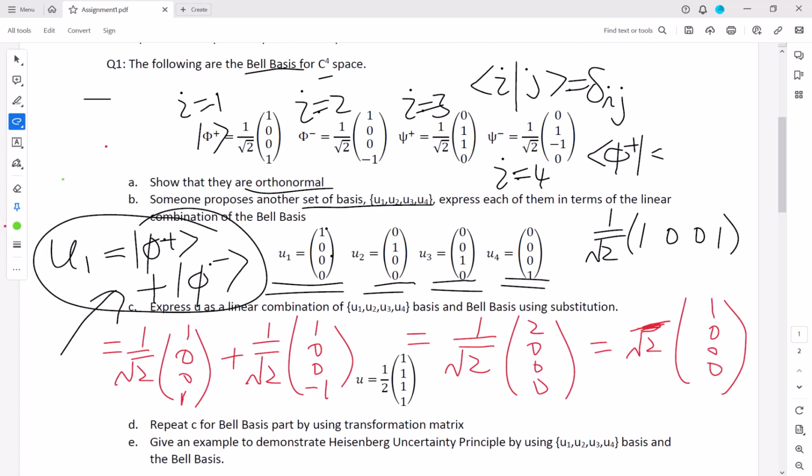Well, I can say that this is equal to 1 over root 2 of this one plus 1 over root 2 of this one. Then I have an extra 1 over root 2 here, another 1 over root 2 here, right? Then this one gives me 1, 0, 0, 0. So when I write this, this is the answer. I gave you the answer already: U1 equals 1 over root 2 times psi plus plus 1 over root 2 times psi minus.